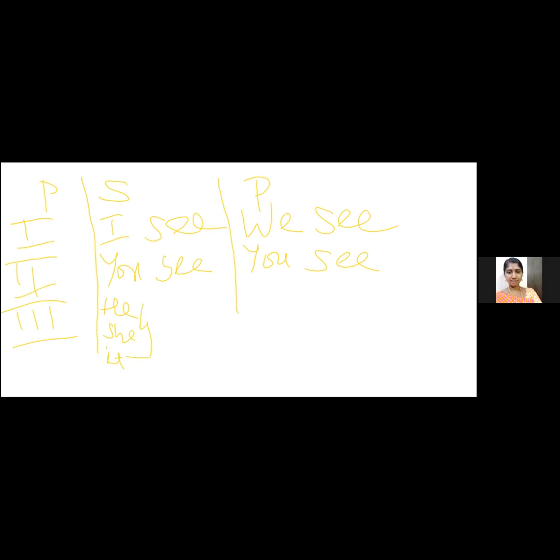What is the verb? Sees. He sees, she sees, it sees. And the plural form of third person? They see. This is only applicable for simple present tense.